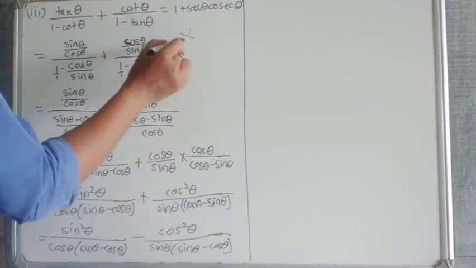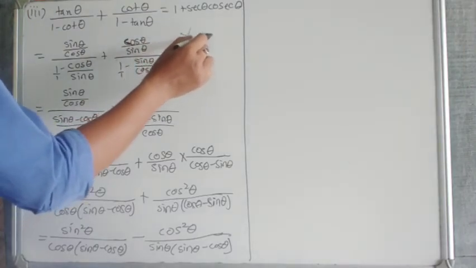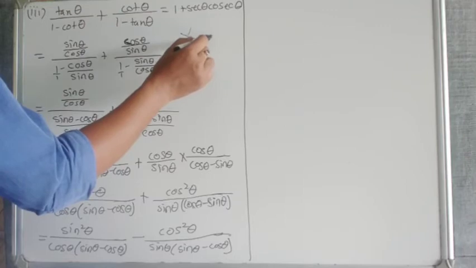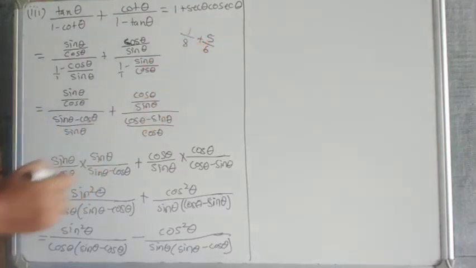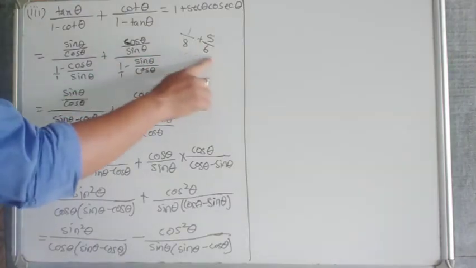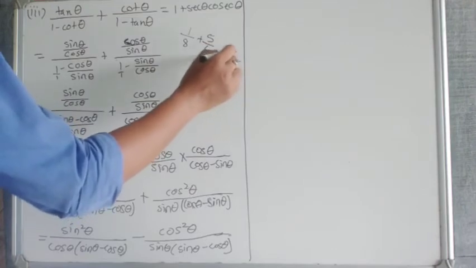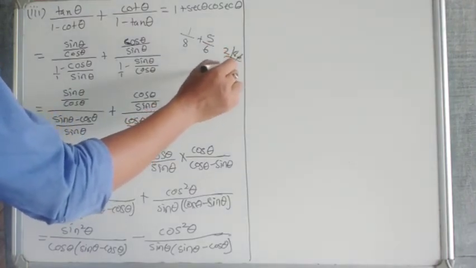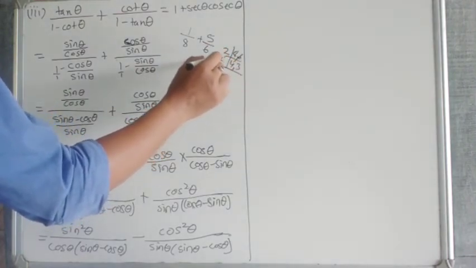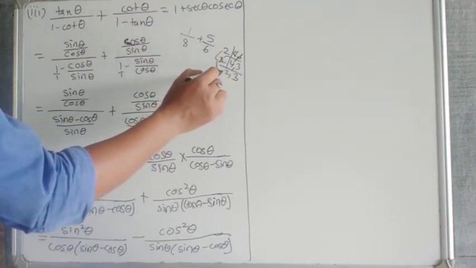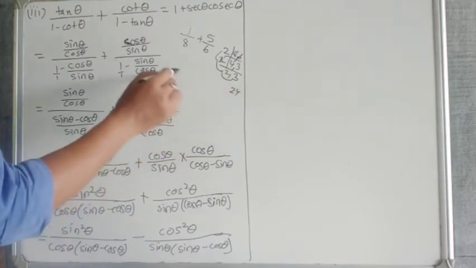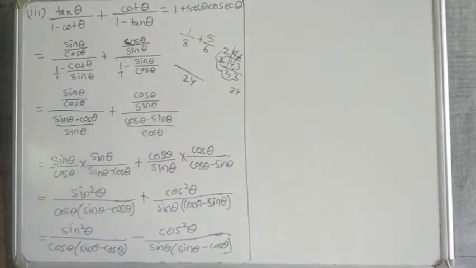Suppose I say 1 by 8 and 5 by 6. What used to be the LCM? 8 and 6, you will take the LCM. 2 twos are 4, 4 twos are 8, 8 threes are 24. 24 used to be the LCM.